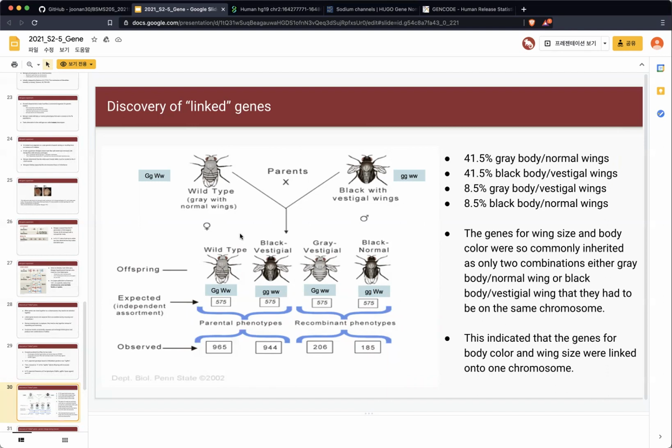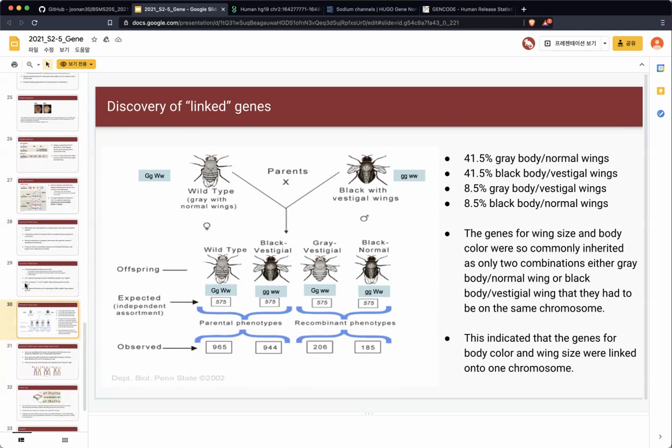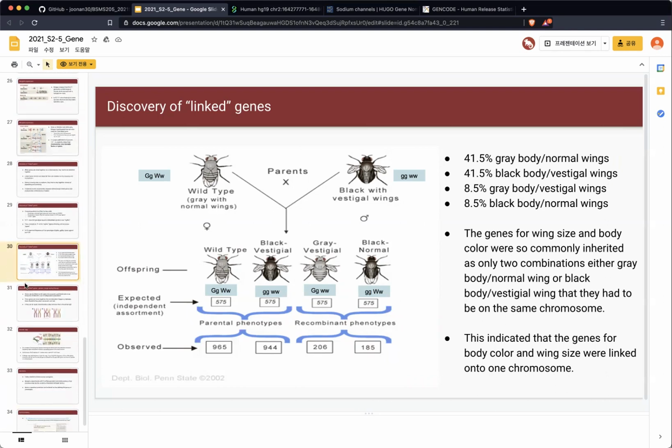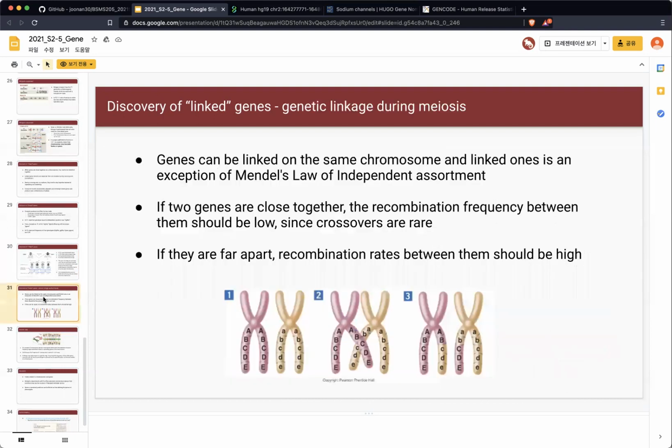The reason is that the loci determining these two phenotypes are on the same chromosome and they are linked. So there is more chance for them to segregate together during each generation, right? So that was the observation of why they have more chance of segregation together in each inheritance, right?